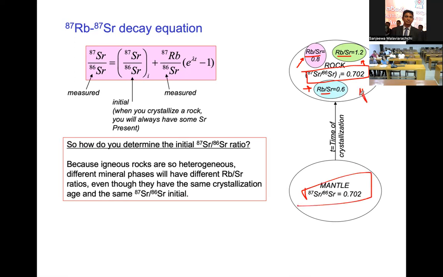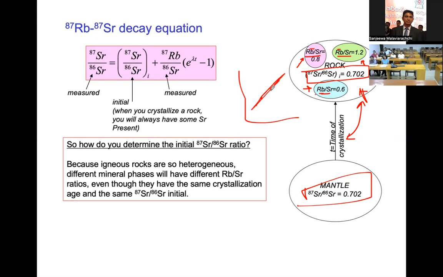And we assume that since the time of crystallization, during this time interval t, there has been no open system behavior. Although you have different rubidium-strontium ratios, they will have different accumulated radiogenic strontium because of this difference in rubidium amounts. So you will have different strontium isotopic values when you plot them. And if they are cogenetic, then you should be able to draw a line.